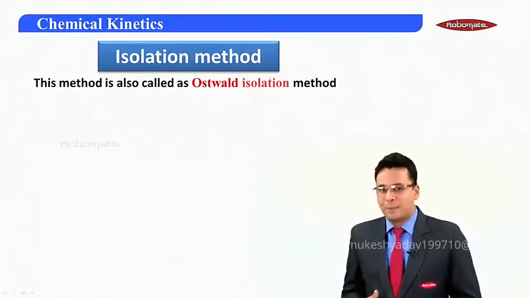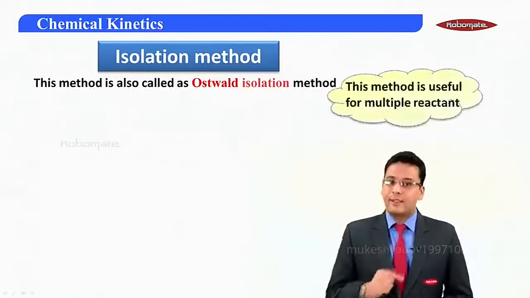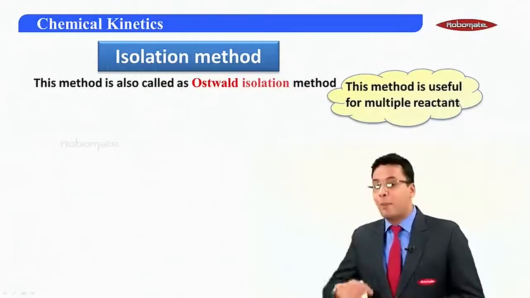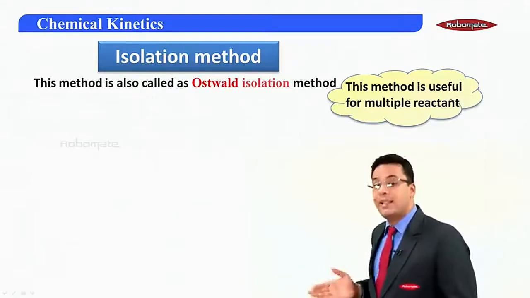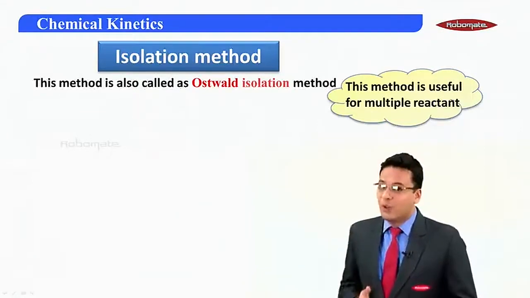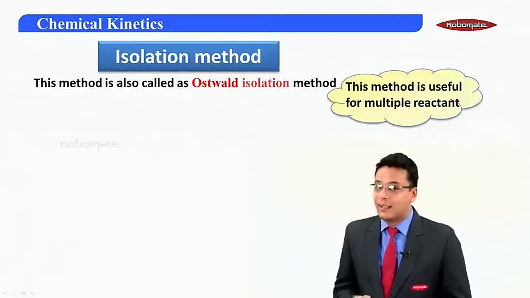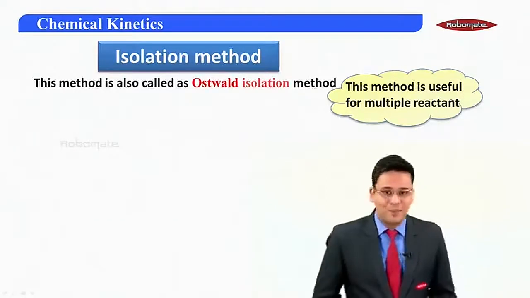Now here, understand that this method is useful for multiple reactants, unlike the previous method. The integrated method was only useful for one reactant, but that's not the case here.